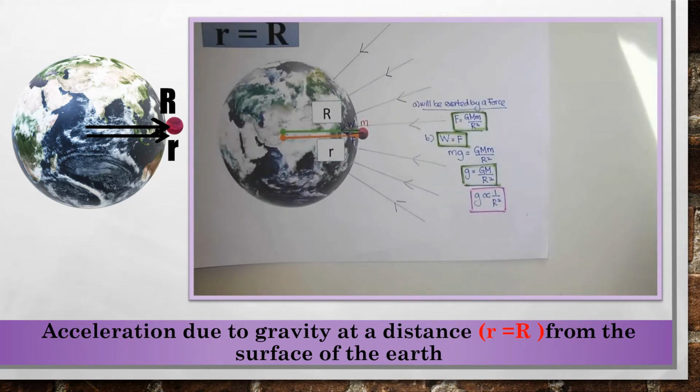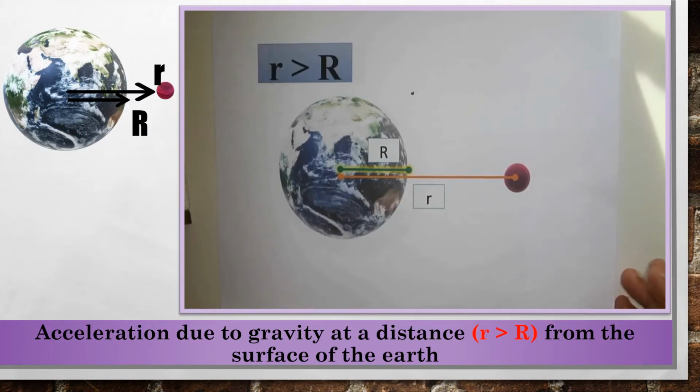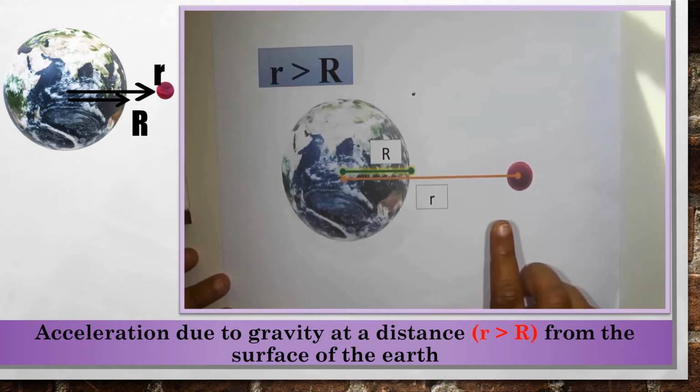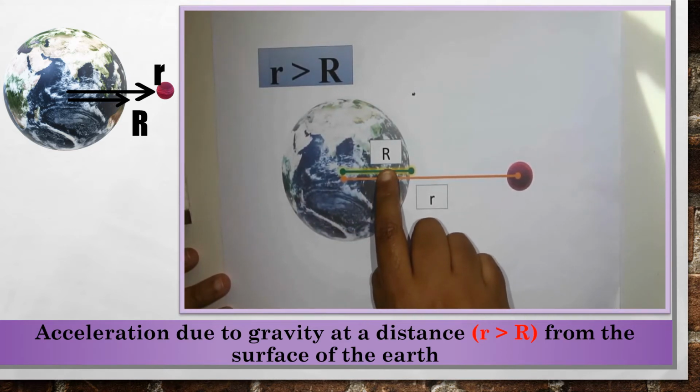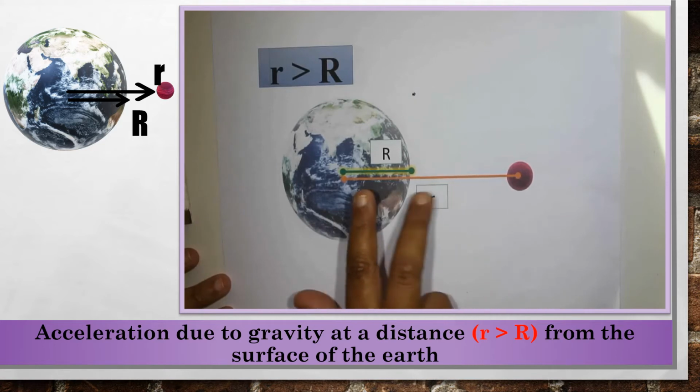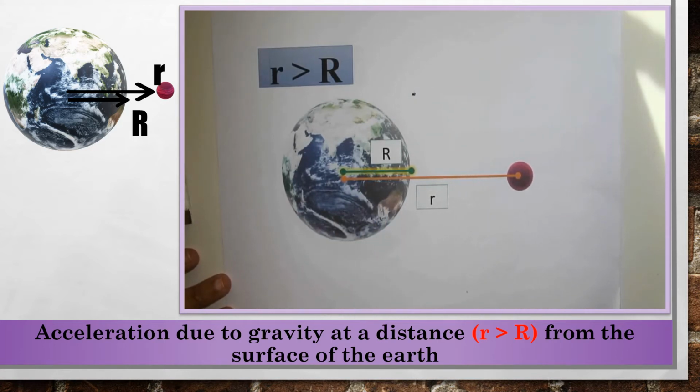Next concept, we are going to look at the variation of g, which is the acceleration due to gravity, with distance r. The first case is r greater than the capital R, the radius of the earth.